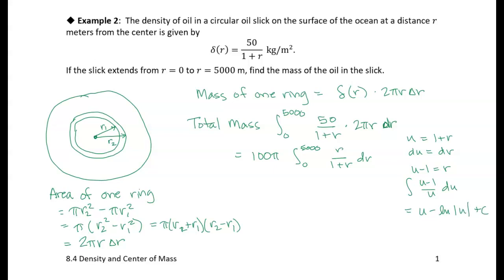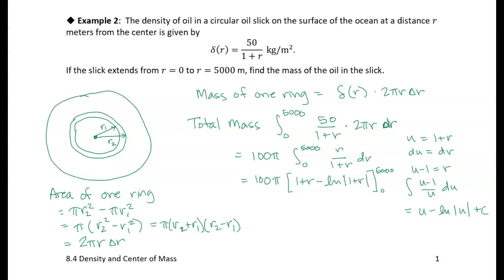Now that we know the antiderivative of r over 1 plus r, I can write this as 100 pi times, and we have to evaluate this. u is 1 plus r, so 1 plus r minus the natural log of 1 plus r, evaluated from 0 to 5,000.